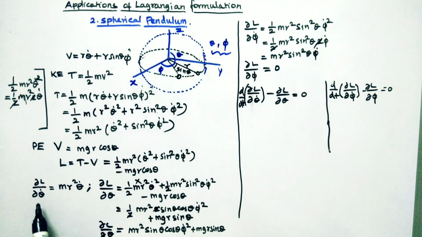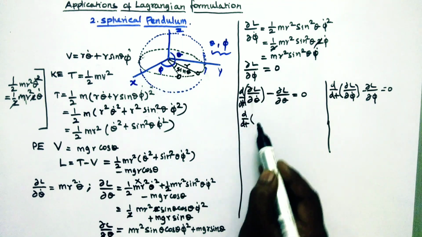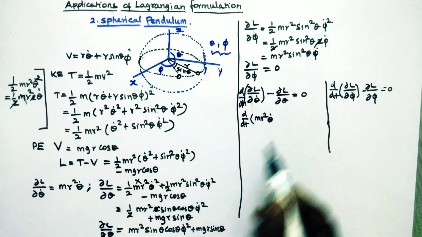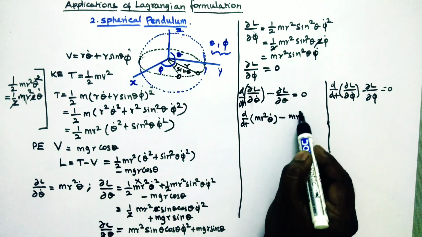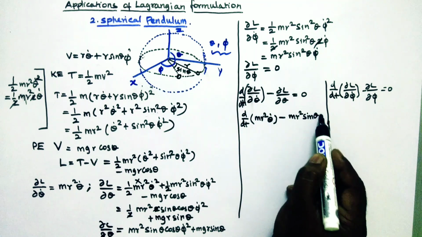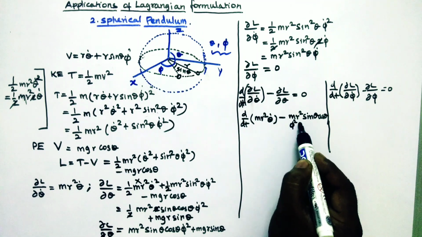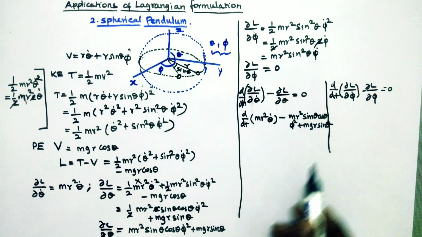for theta: d/dt of m r square theta dot here, and then minus ∂L/∂θ, which is m r square sin theta cos theta phi square plus m g r sin theta.